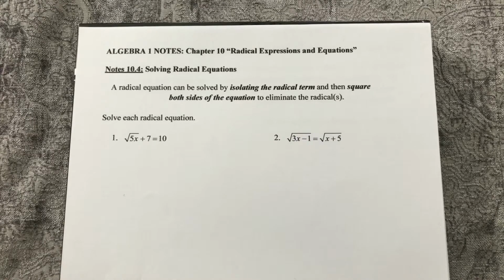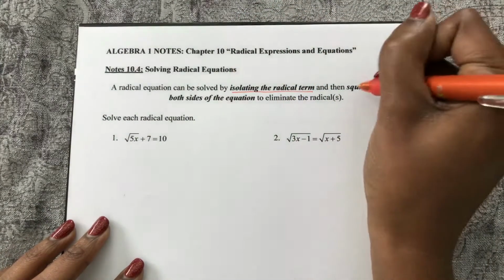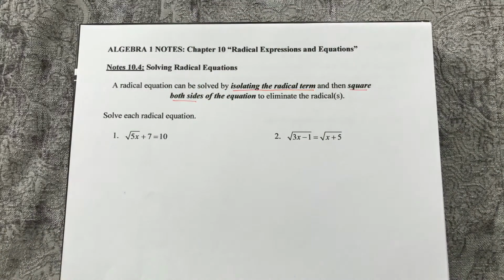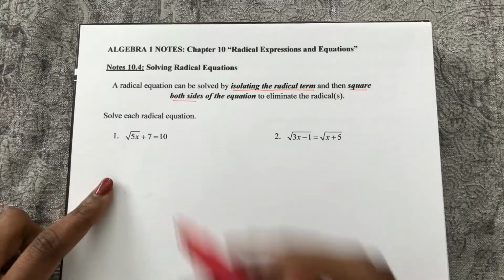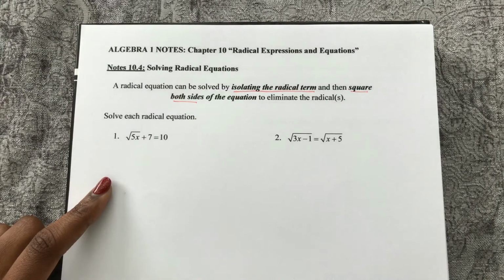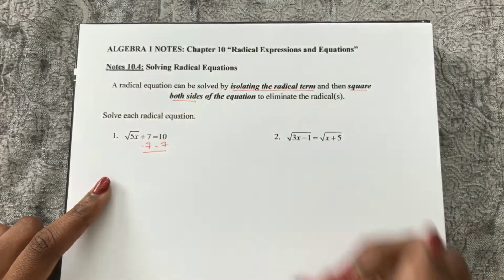So a radical equation can be solved by first isolating the radical term and then squaring both sides of the equation to eliminate the radical. So if I see here, the radical part of my equation is square root of 5x. To isolate that, I need to subtract 7 from both sides.